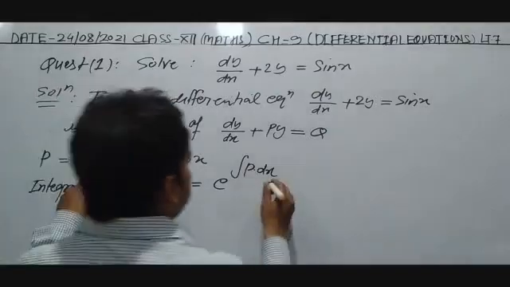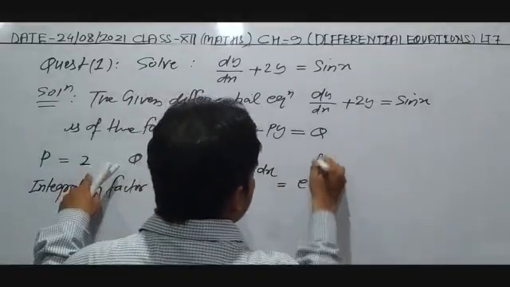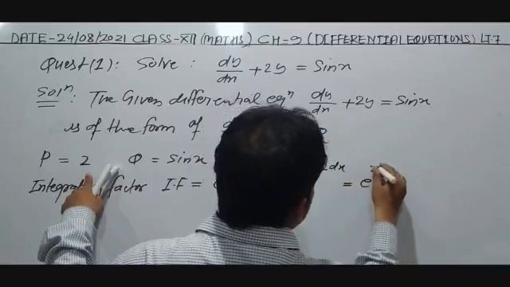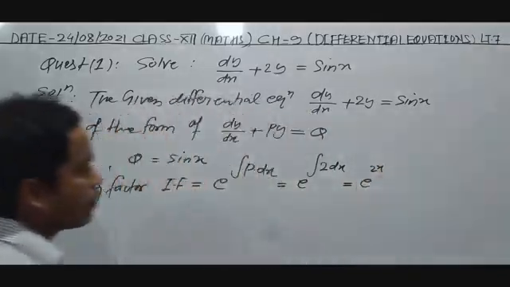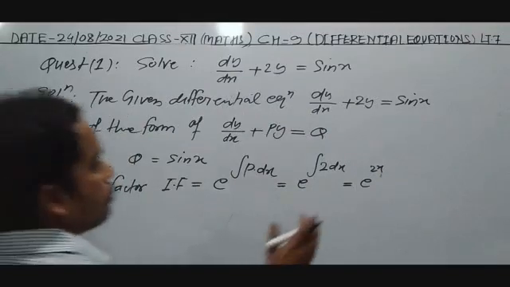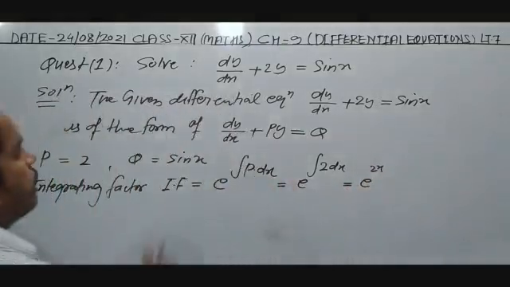So e to the power integration of 2 dx, the result will be e to the power 2x. Integrating factor is e to the power 2x. We have to multiply this integrating factor in the given equation.